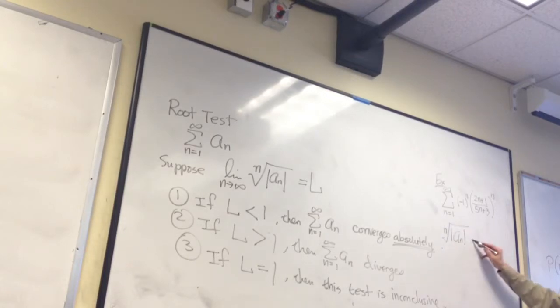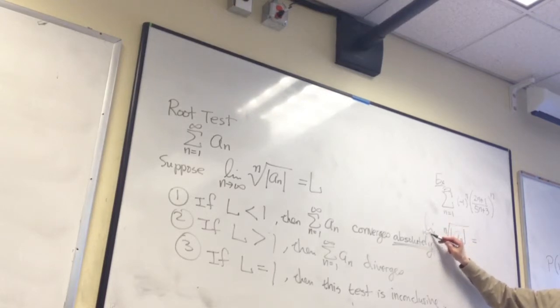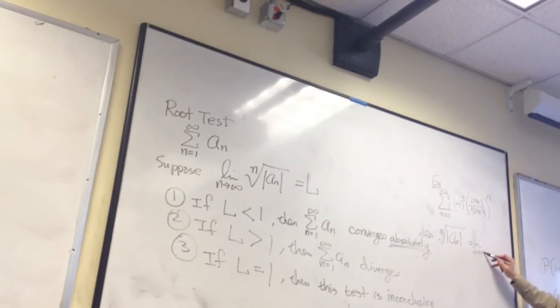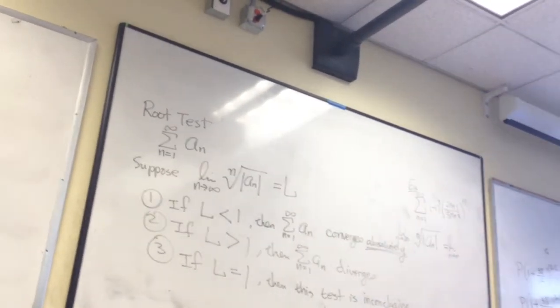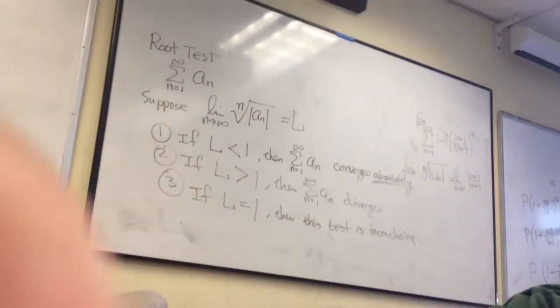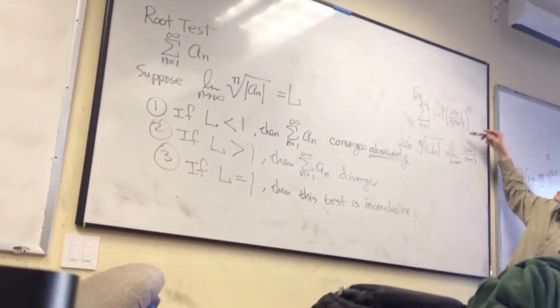If I take the limit as n goes to infinity of this, that's the same as the limit as n goes to infinity of (2n plus 1) over (5n plus 3), because after imposing the absolute value, you get this, and you take the nth root of this nth power.